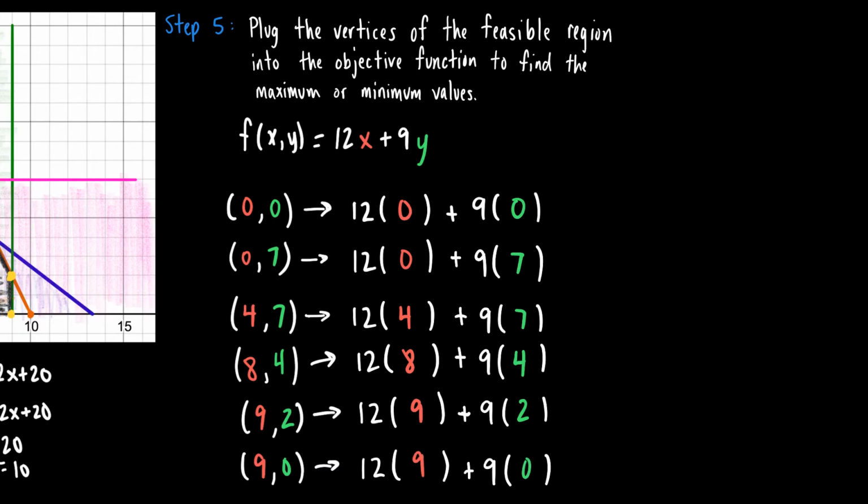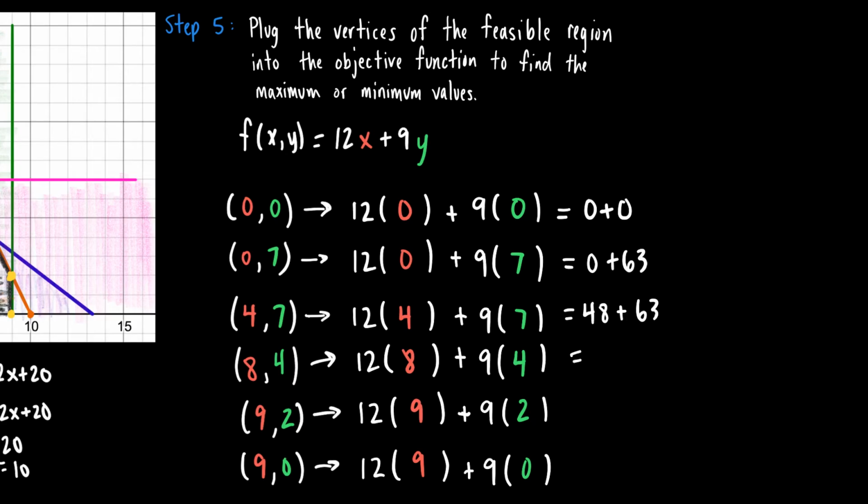So what we're going to do is calculate what these are. This would be 12 times 0 plus 9 times 0, which is 0 plus 0. This next one is 12 times 0, which is 0, plus 9 times 7, which is 63. The next one is 12 times 4, which is 48, plus 9 times 7, which is 63.